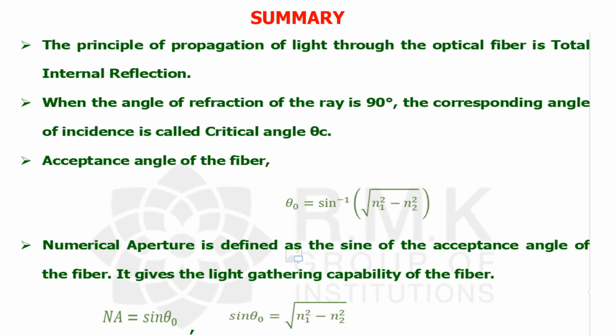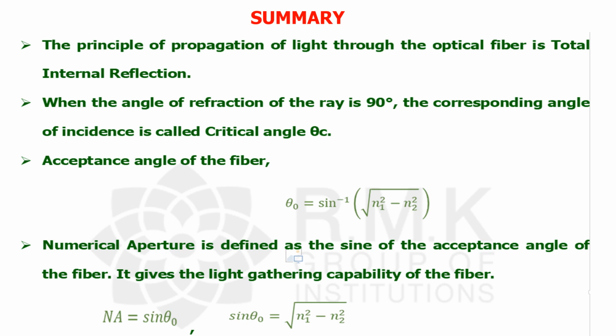So let us see the summary of what we have learnt. The principle of propagation of light through optical fiber is total internal reflection. When the angle of refraction of the ray is 90 degrees, the corresponding angle of incidence is called the critical angle, which is denoted as theta c. The acceptance angle of the fiber is given by theta naught is equal to sine inverse of square root of n1 square minus n2 square.